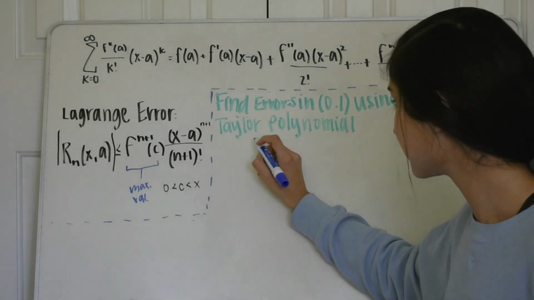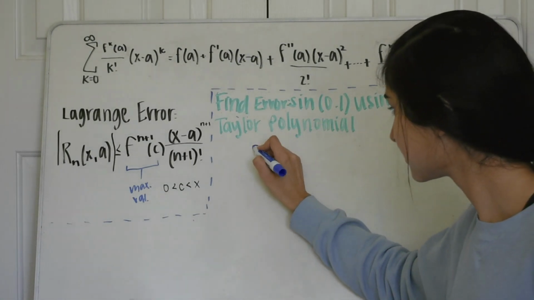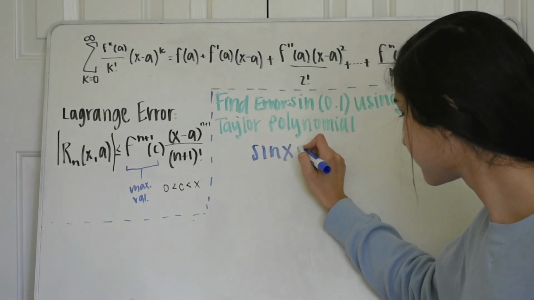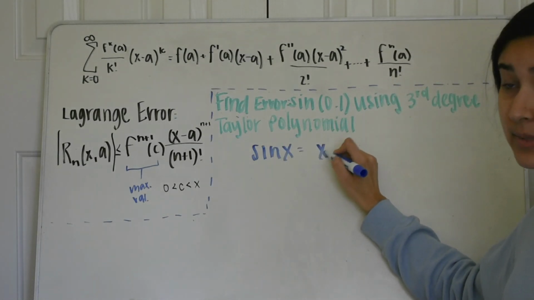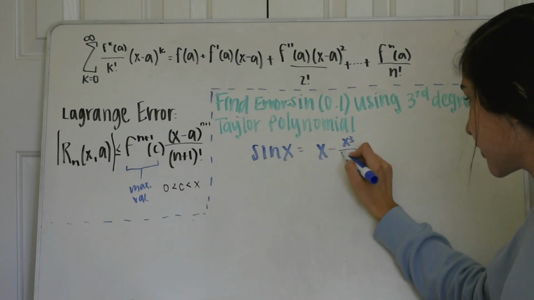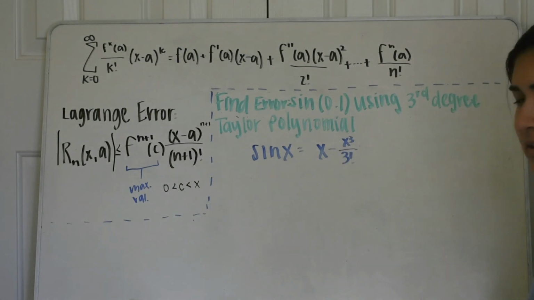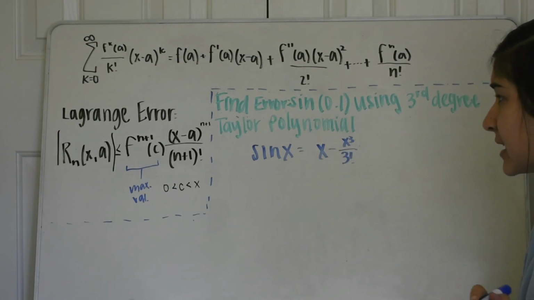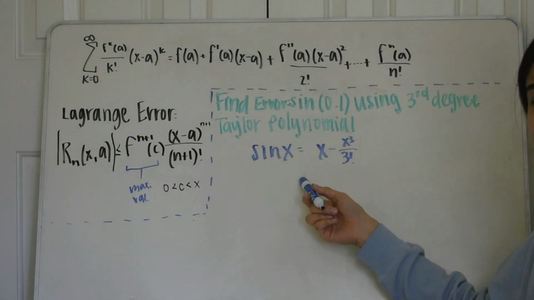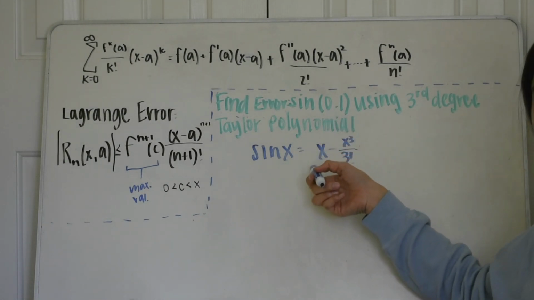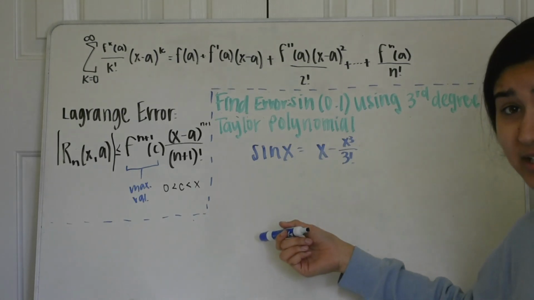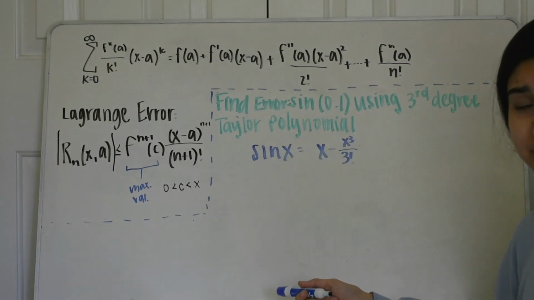So the third degree is equal to x minus x cubed over 3 factorial. Not too hard. But this is asking us, what is the difference between if you plug in 0.1 and if you were to actually calculate sine of 0.1?